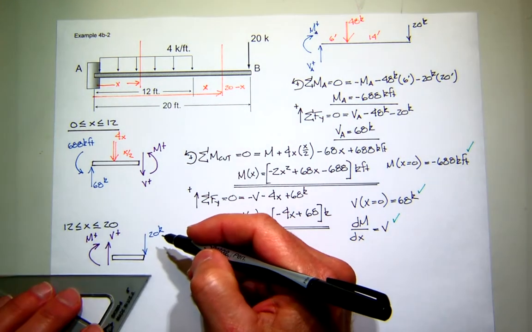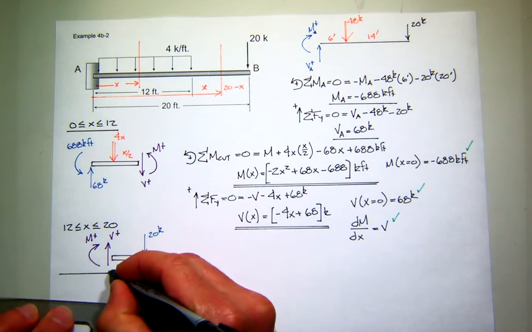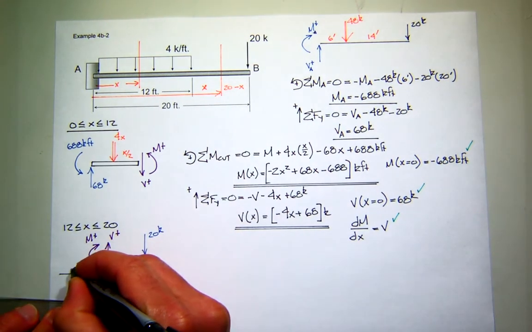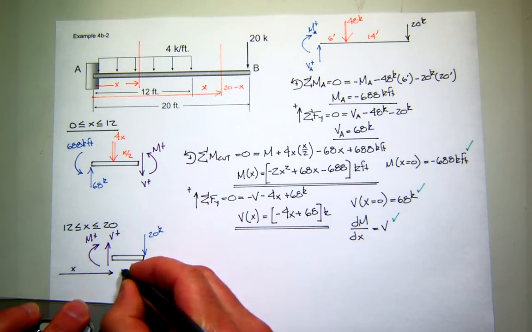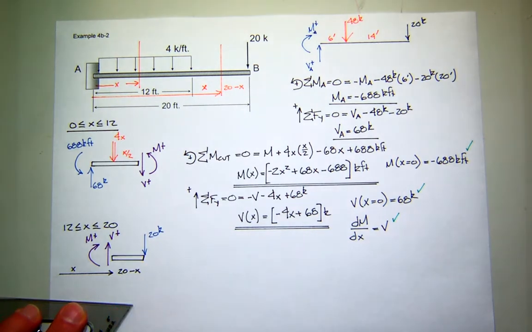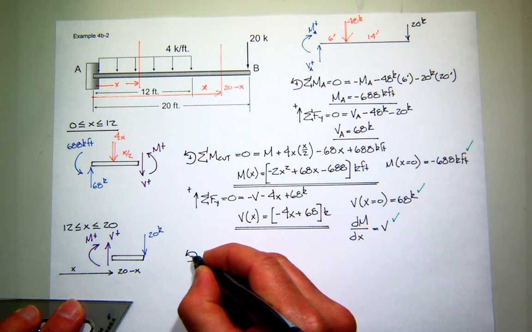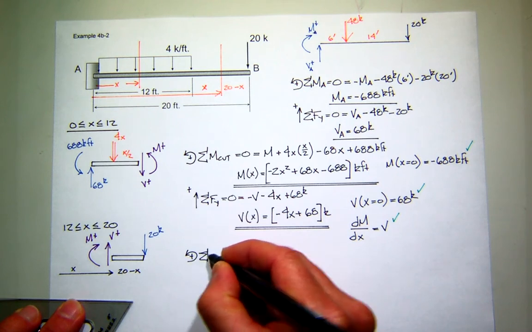Now remember, I'm measuring X from the left to the cut. So as we mentioned before, the length of my element now is 20 minus X. So now, that's a pretty simple free body diagram.